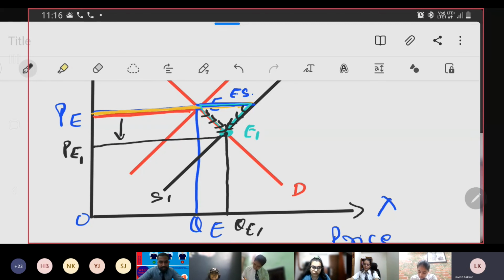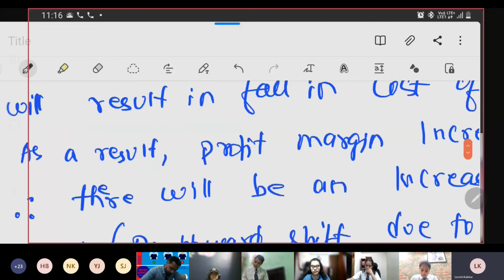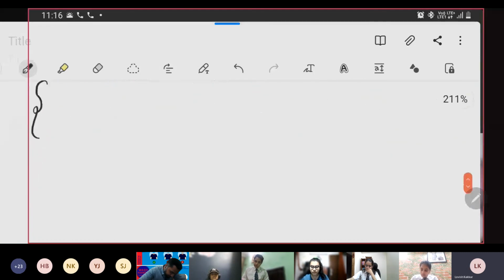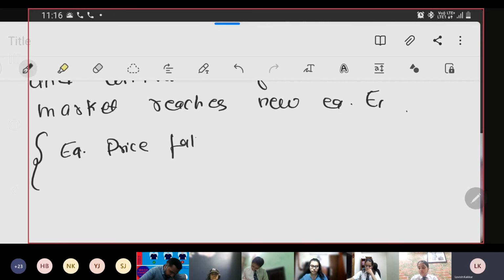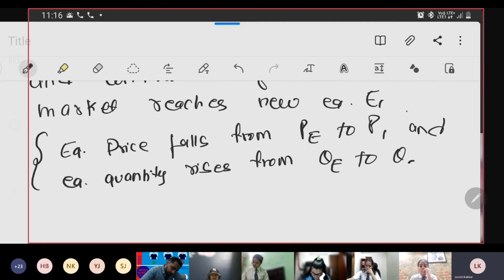So you will write the concluding line as equilibrium price falls from PE to P1 and equilibrium quantity rises from QE to Q1. Equilibrium price falls from PE to P1 and equilibrium quantity rises from QE to Q1.